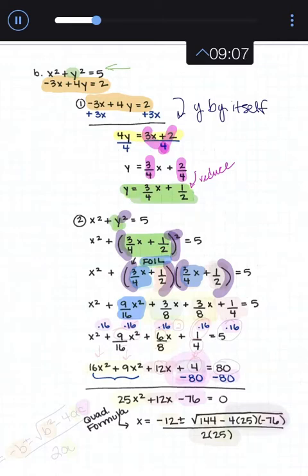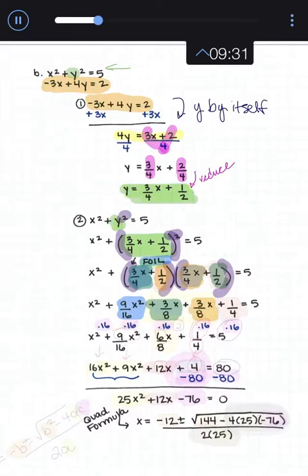The next part in FOIL has you multiplying the 3/4 x and the 1/2 to get 3/8 x. The next part of FOIL has us doing the other 1/2 and the 3/4 x to get another 3/8 x.